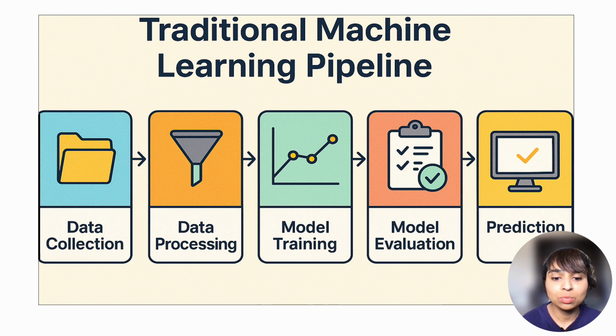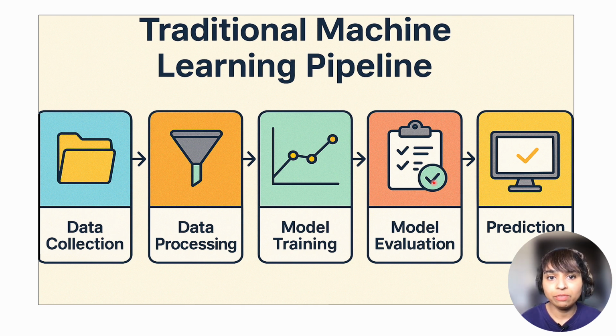So first, you will collect your data, often from multiple sources. Then there's a lot of cleaning and transforming, a bit like prepping your samples before the big experiment. Then you manually choose and configure your model, then train it, tweak hyperparameters, and evaluate how it performs.